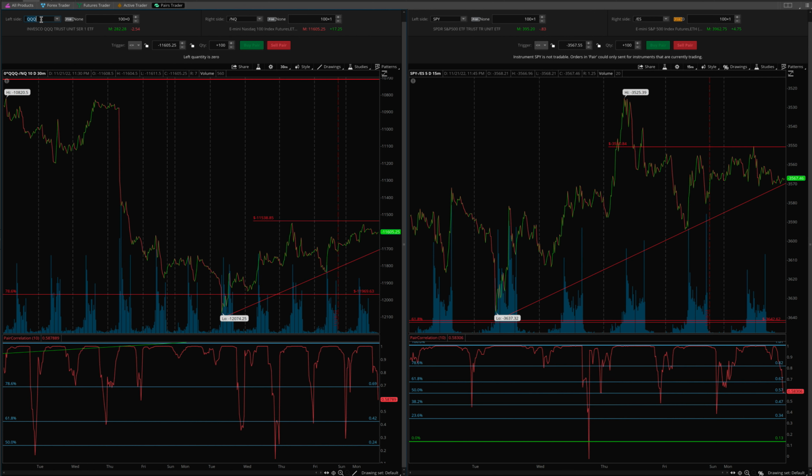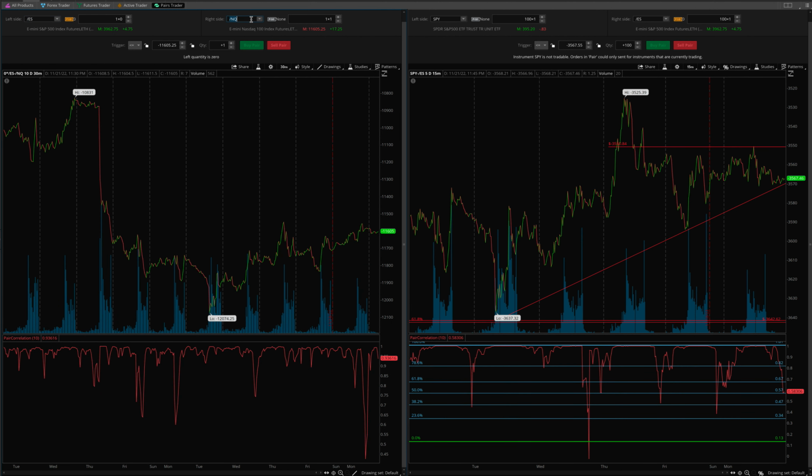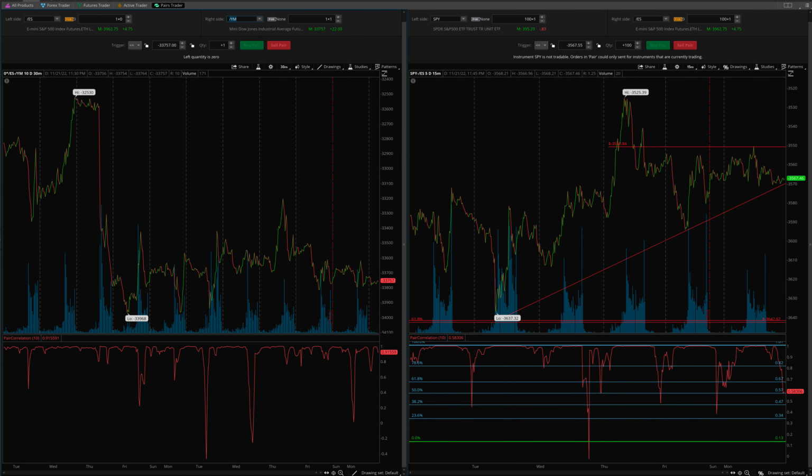And the way that we can confirm this is because when we look at the correlation of ES and Dow Jones, it has a 91% correlation.